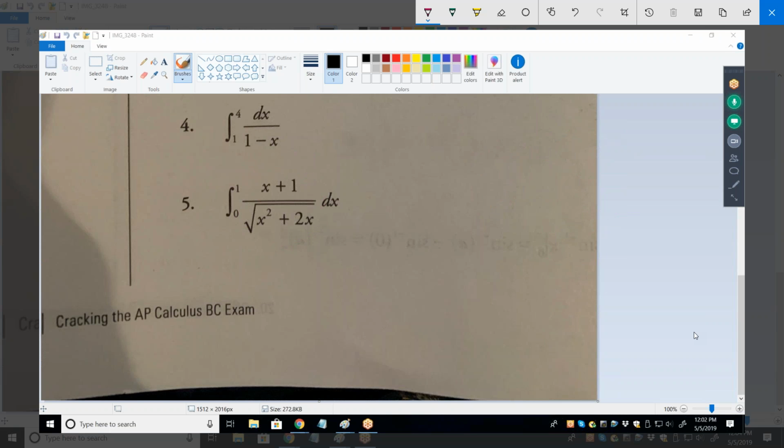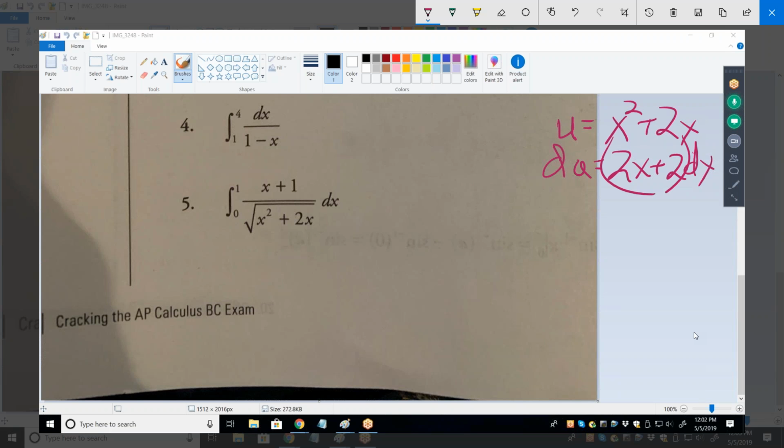So would we just take a 1/2, put a 1/2 out front? Yeah, well, let's go through it, because I'm not exactly sure what correction is needed. We're going to say this, which means du equals 2x plus 2 times dx.